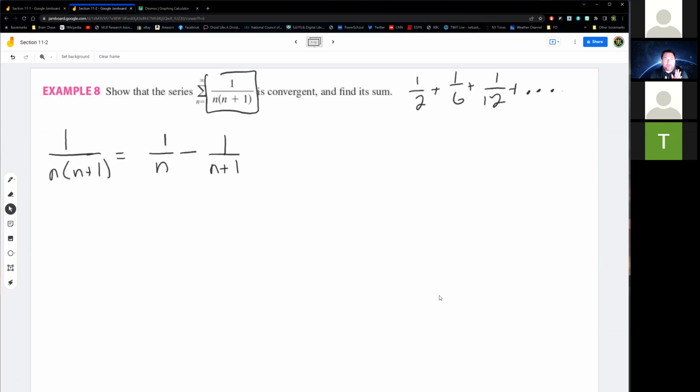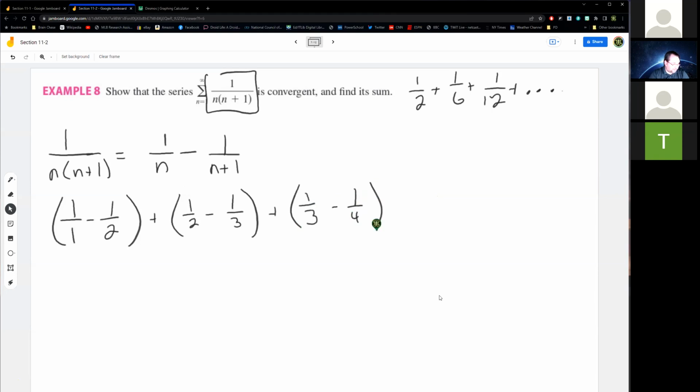All right, so here's why we did that. Because now that I'm adding and subtracting, I'm going to be able to cancel stuff out. So if we look at this as a sum of values, my first value is going to be 1/1 minus 1/2, which gives you 1/2, correct? The next one is going to be 1/2 minus 1/3. The next one's going to be 1/3 minus 1/4.